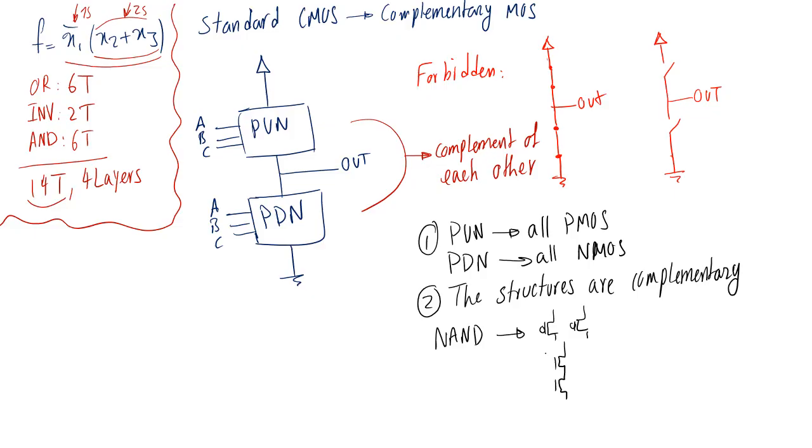Whenever I had parallel NMOS, I had series PMOS. The example for that was NOR. With the NOR gate, I had series PMOS and parallel NMOS. And for the inverter, I have just one transistor on each side, so there's no meaning for complementary. So the number two rule is that if I have two transistors in the pull-down network that are in series, they're going to be in parallel in the pull-up network.